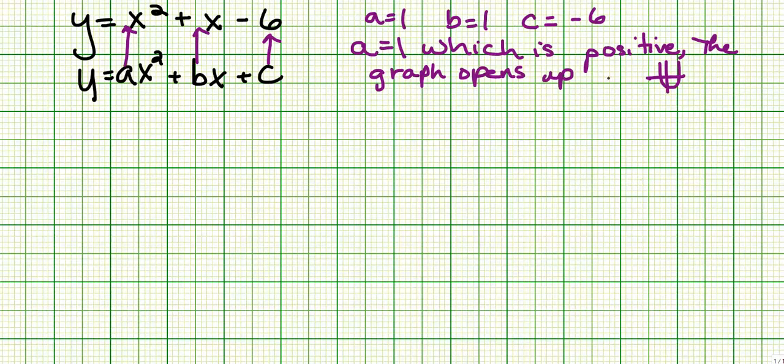Okay, now I can also determine what my axis of symmetry is going to be. The axis of symmetry has a formula, and the axis of symmetry is a line. In parabolas, it's always going to be a vertical line, going up and down every single time.